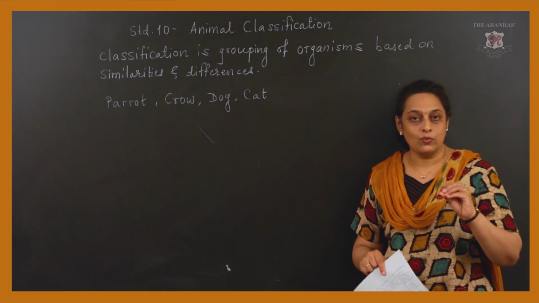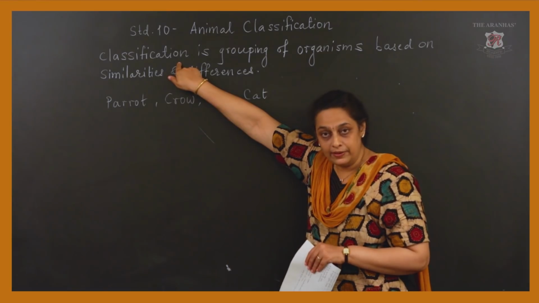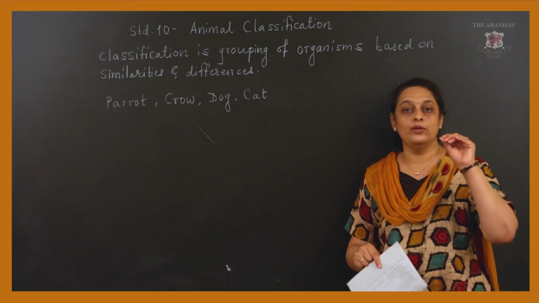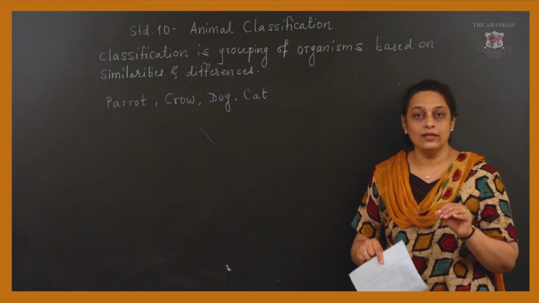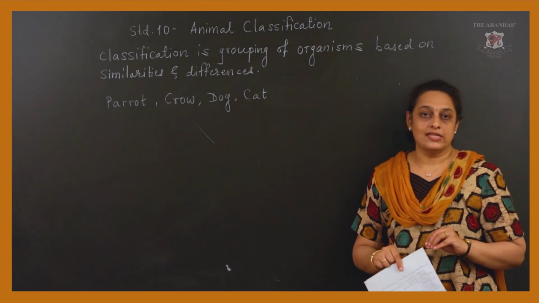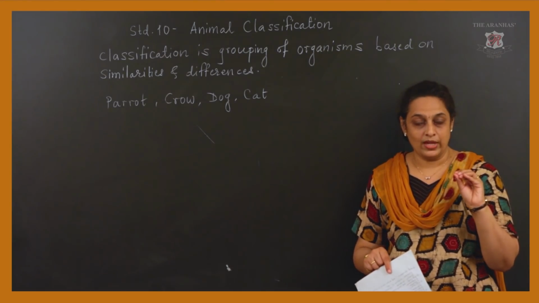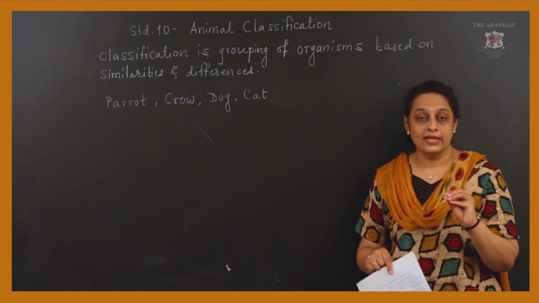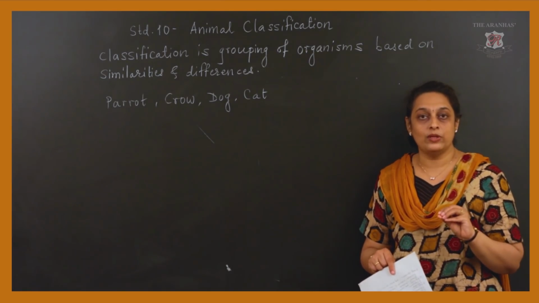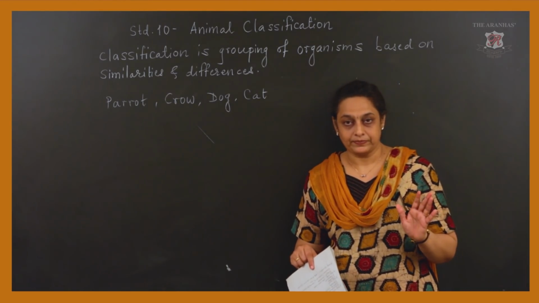So in short, what I want to tell you is, when classification is done, similarities and differences are taken into account and then grouping is done. Another important thing of classification is, this is a systematic method, okay, because here characteristics of organisms or animals will be taken into account and grouping will be based on it.